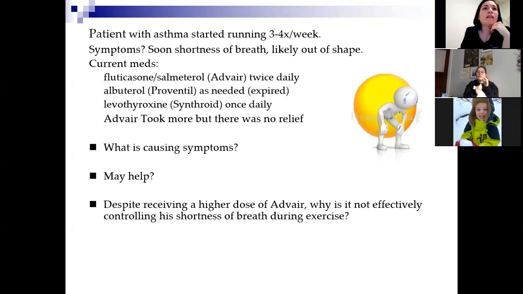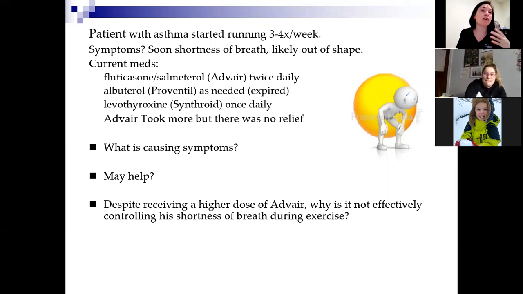It could be, despite receiving a higher dose of Advair, why is it not? Okay, what do you guys think? Expired? Oh, maybe. Oh, it says it's expired. Oh my gosh, you're good. I think a couple of you said it. Vanessa put it there. Yes, maybe that's why. So it could be that their rescue inhaler.